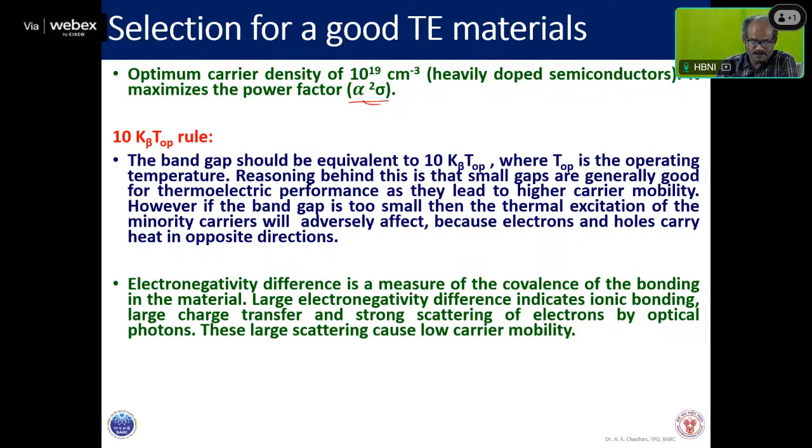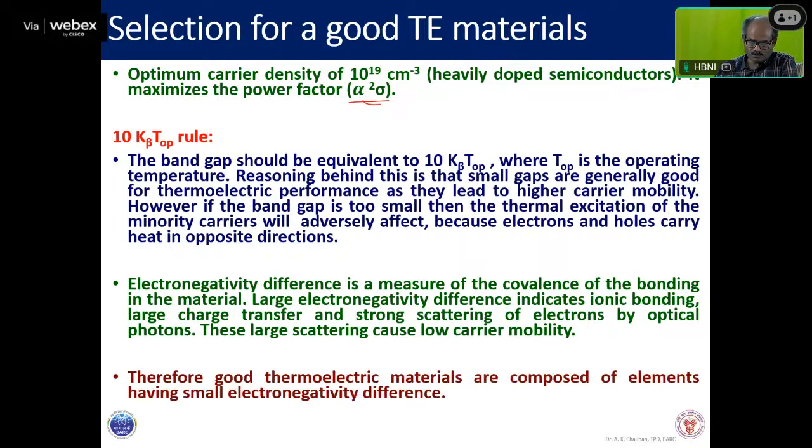Then another thing is that electronegativity difference is a measure of the covalence of the bonding in the material. Large electronegativity difference indicates ionic bonding, large charge transfer, and strong scattering of electrons by optical phonons. This large scattering causes low carrier mobility. Therefore, good thermoelectric materials are composed of elements having small electronegativity difference.